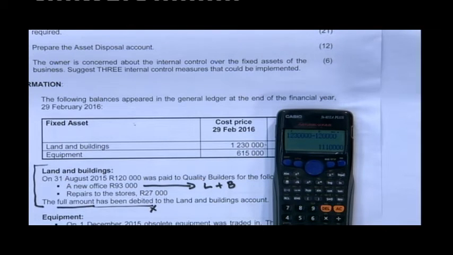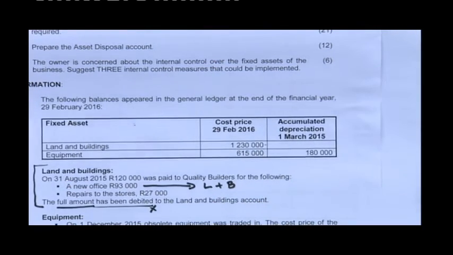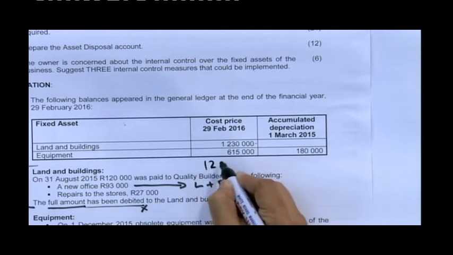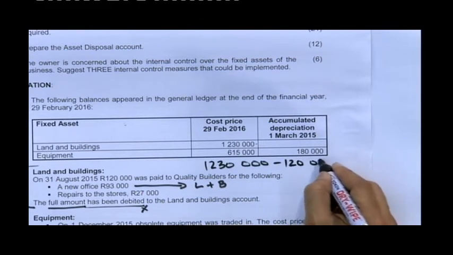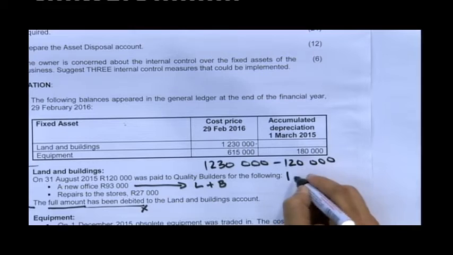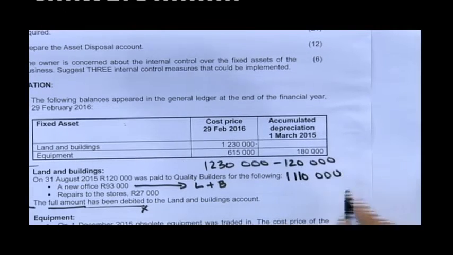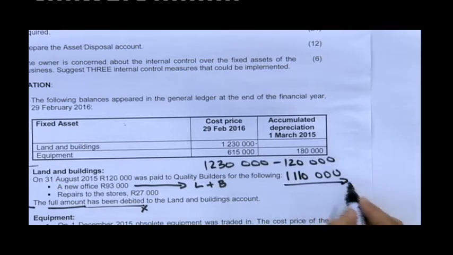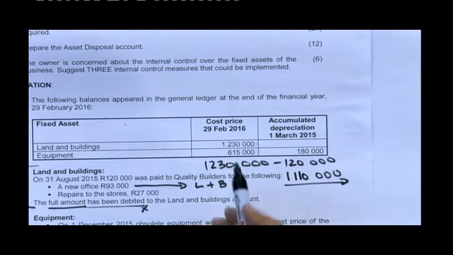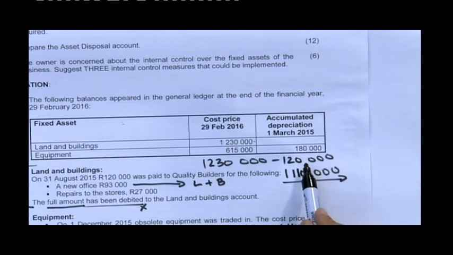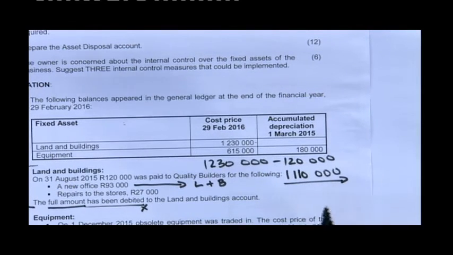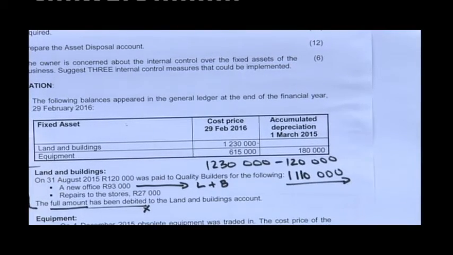Then we're sitting with 1,110,000. So what is the 1,110,000? If the 1,230,000 is the cost price at the end, and I'm taking away whatever was added on, then the 1,110,000 is clearly the cost price of the land and buildings at the beginning of the year.